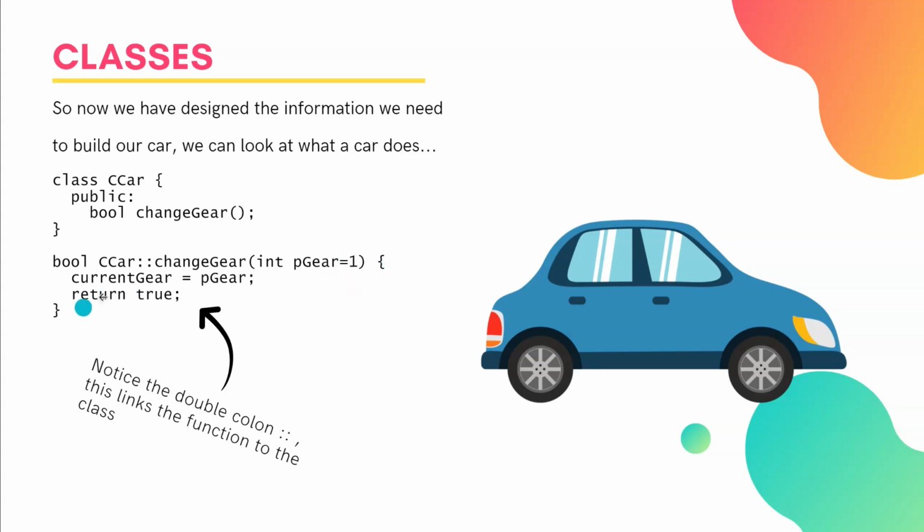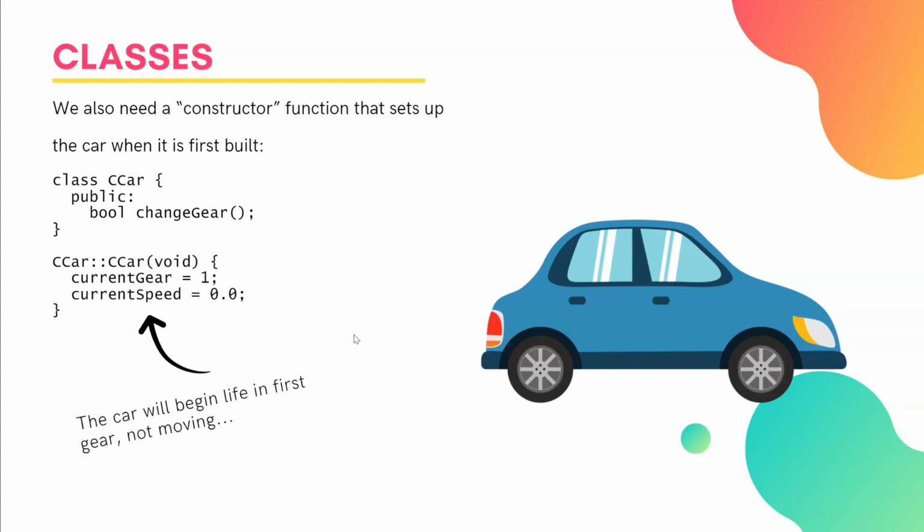Curly brackets again, and then we can say currentGear is equal to pGear, and we can return true. So really simple, just for display purposes really here. This function doesn't really tell us a lot, but you can see that the script that we're running goes within these curly brackets and is run linked to the car class that it's attached to.